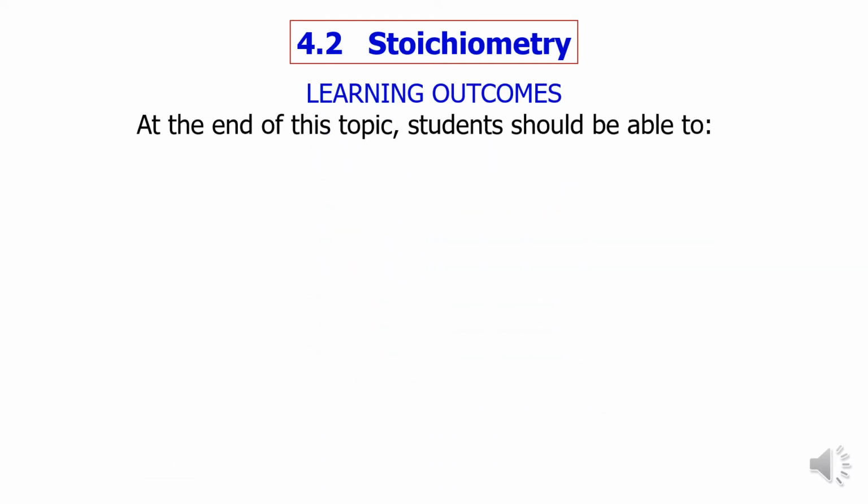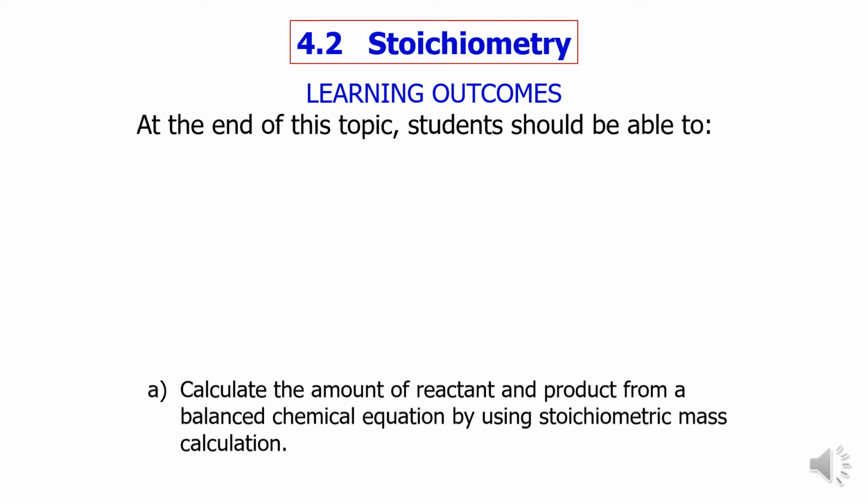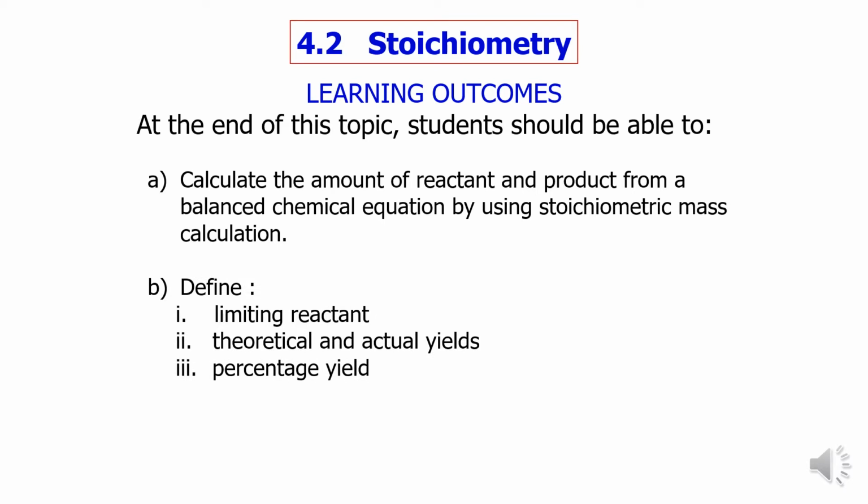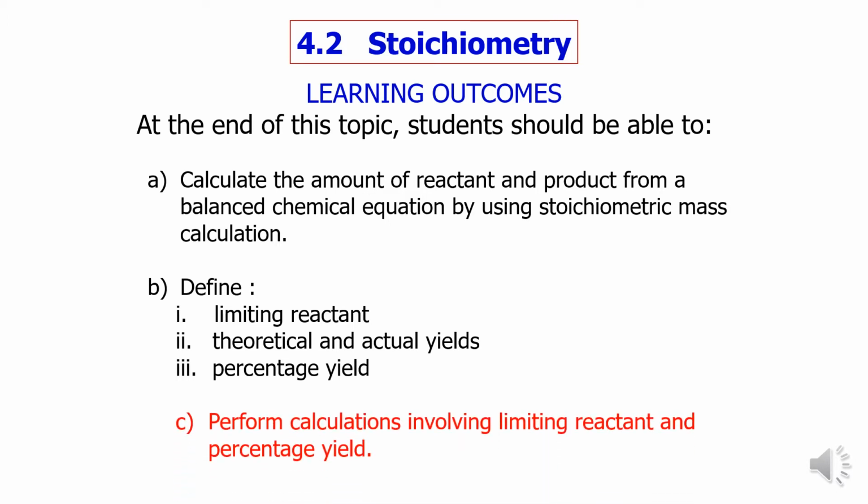Learning outcome: at the end of this topic, students should be able to do learning outcomes A and B, already discussed last lesson. So today we continue with learning outcome C, perform calculations involving limiting reactant and percentage yield.